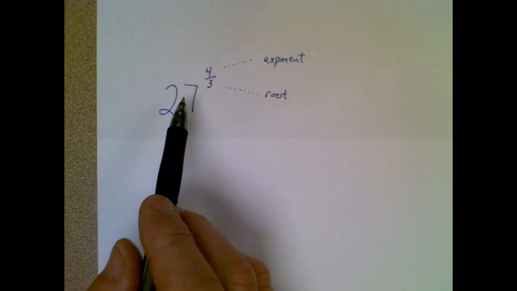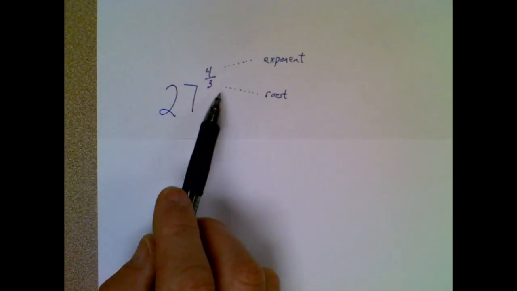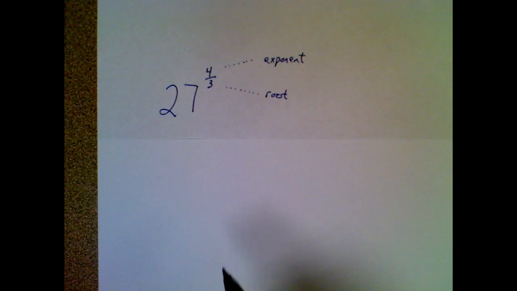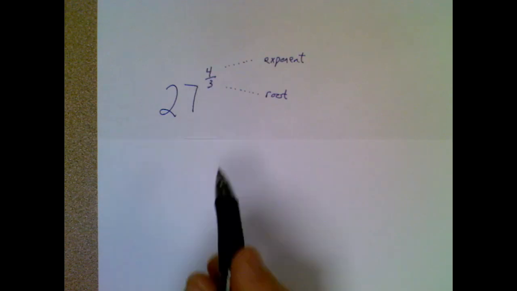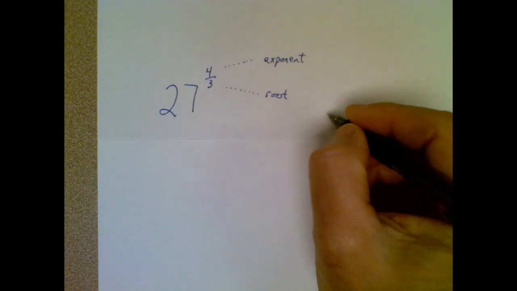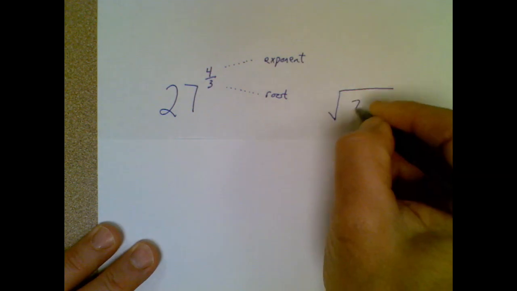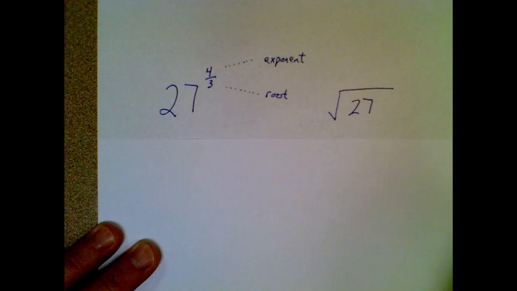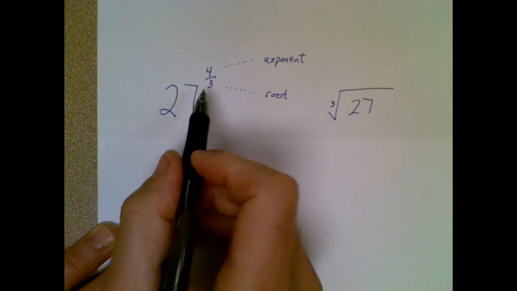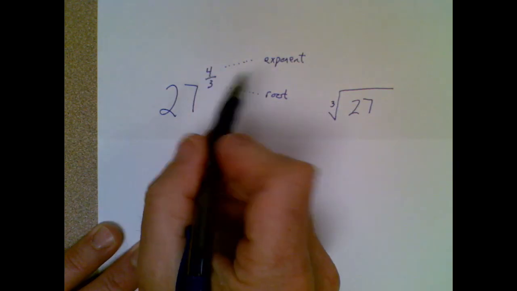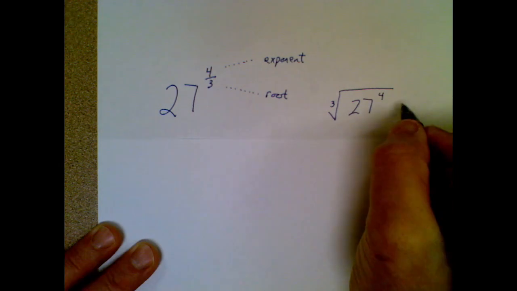Now let's call this 27 to the 4/3. We still have a radical, we have a rational exponent or a fractional exponent, but if I were to rewrite this in radical form, the 27 is still on the inside, the 3 is the root, so that goes there, and the 4 is going to be the exponent.